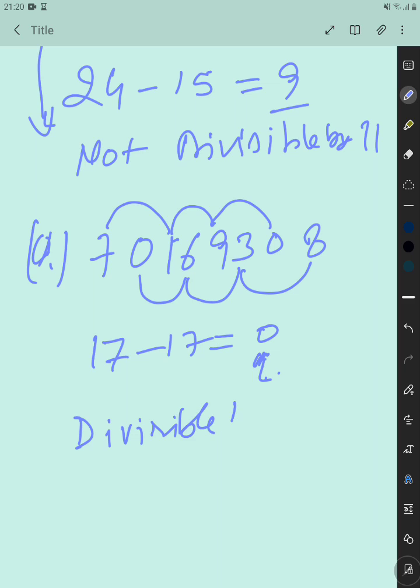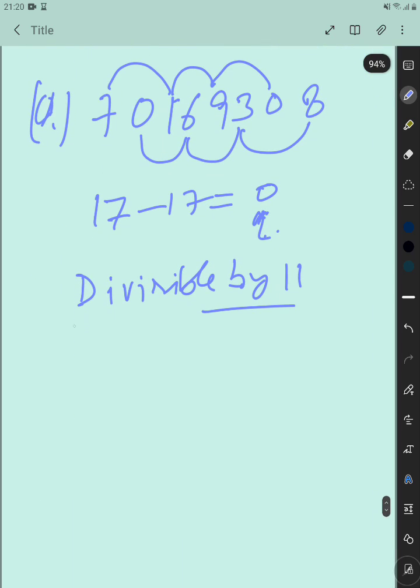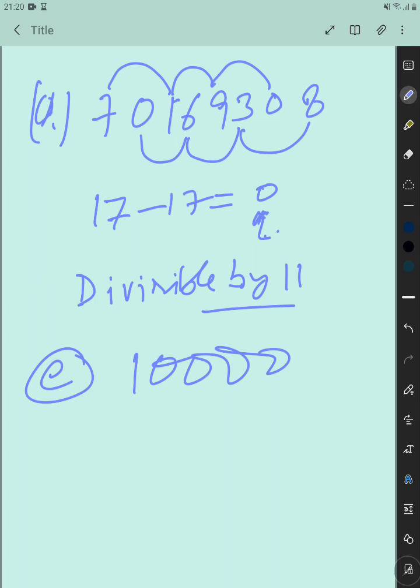I think you are getting that point completely, and you are trying to understand how we are getting this. Okay. So E is 1, 0, 0, 0. How many zeros are there? 6 zeros, and the last is 1.